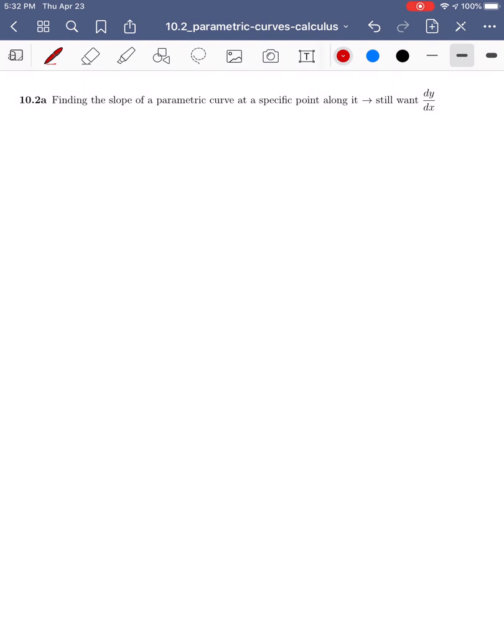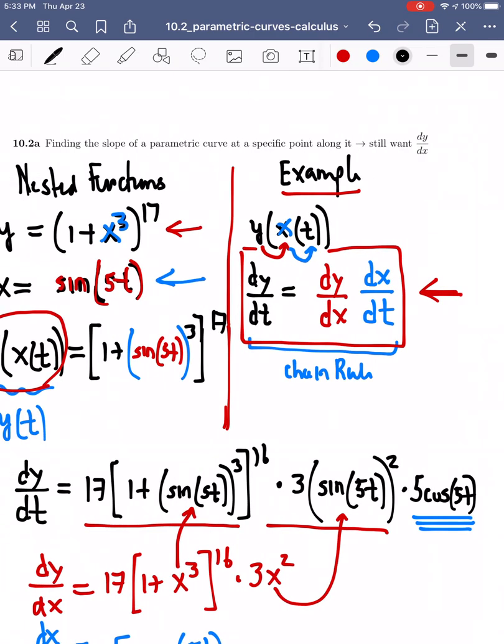So remember, what we just saw was dy dt is equal to dy dx, which is what we care to find, times dx dt. Again, that's coming strictly from doing that chain rule type manipulation on the previous page.